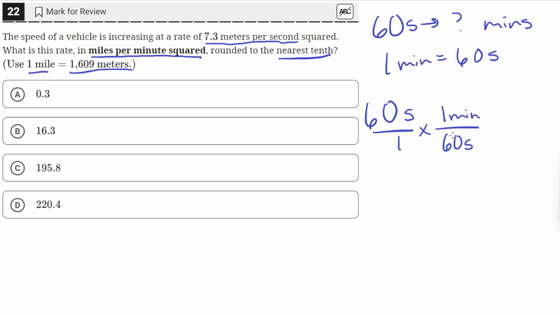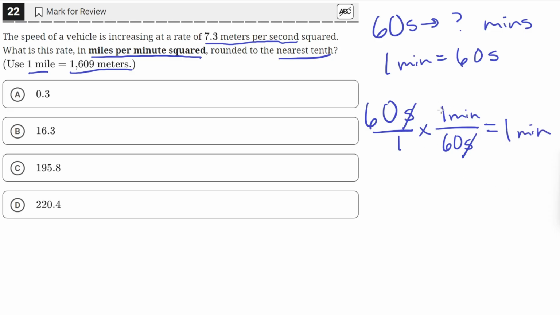And the way we write it like this is such that when we multiply this fraction with this one, we can easily see that the seconds units cancel out, and the only unit we're left with is minutes. So we get 60 divided by 60, which is equal to 1, and the unit left is minutes.